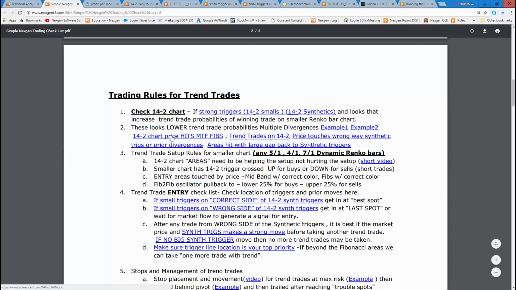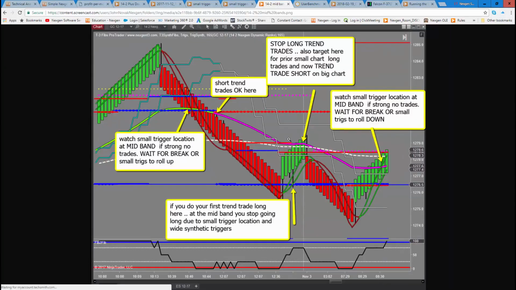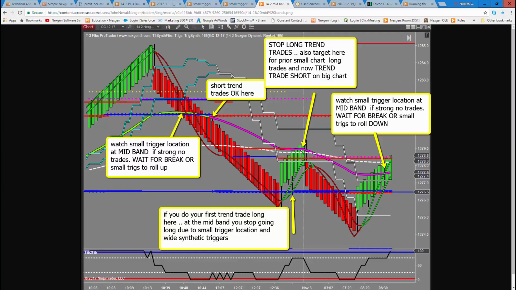If you hit the last fibs on your chart, if all three charts have divergence, if there's trend trade rules met on your 14-2 chart. Again, let me show you what that looks like. When you reach this spot right here. So again, this is your 14-2 chart, so you may actually do a long trade from 1276.50 to get up to a trend trade short spot on the big chart.